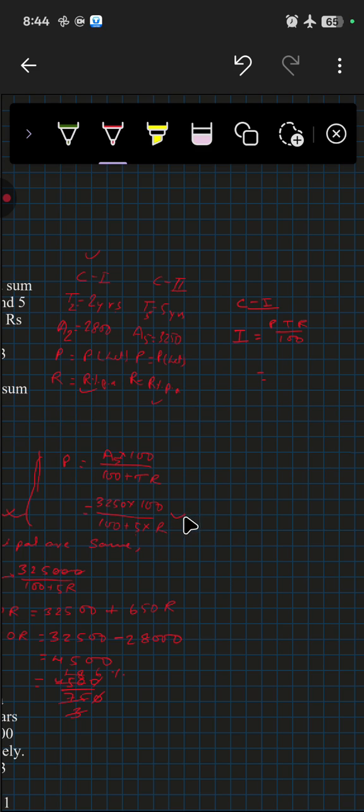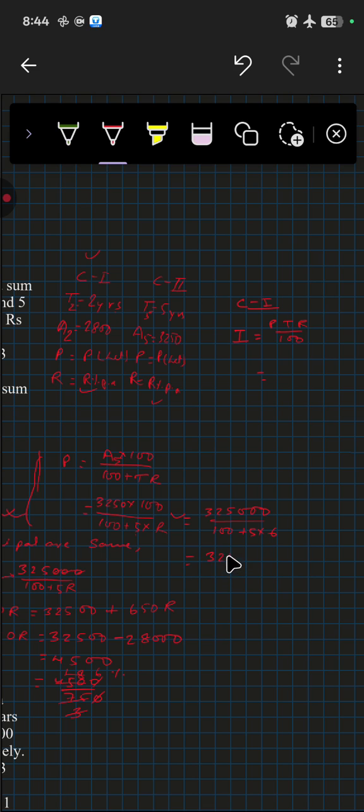Here directly you can write the principal. How much is the principal? So 3250 by 100 plus 5 into rate is 630.